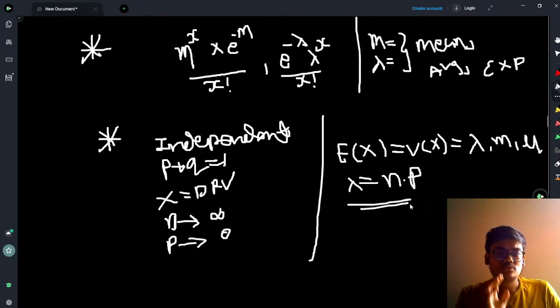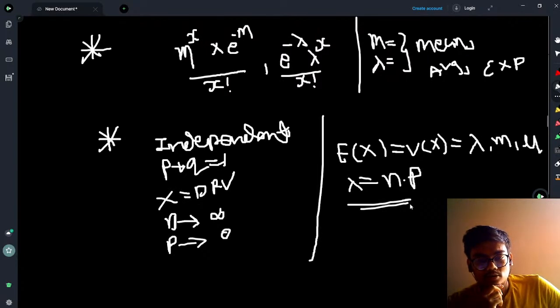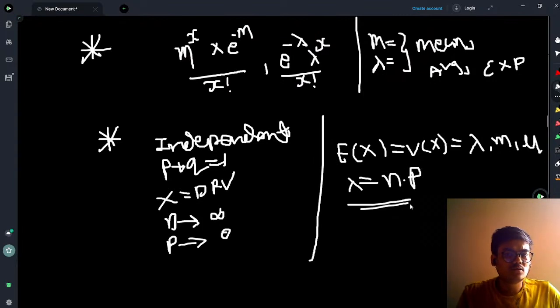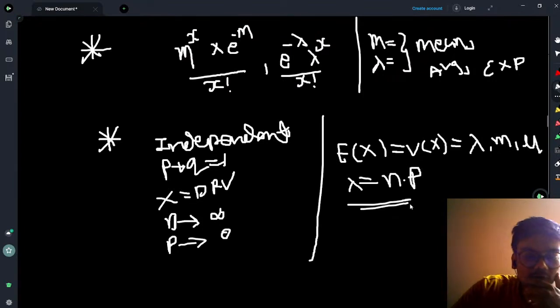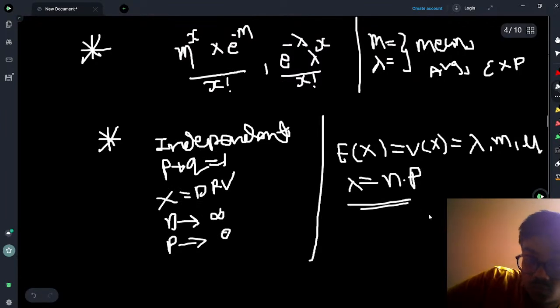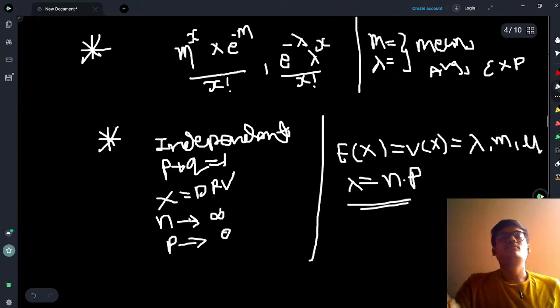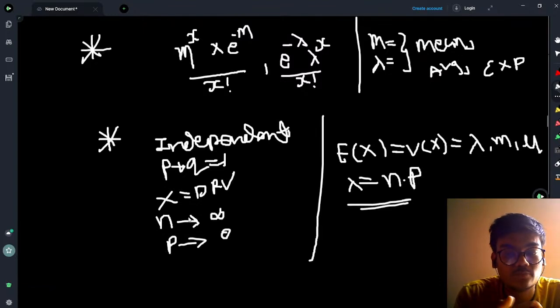If you want to solve a question, this is an easy concept. You can find questions on the internet, or search for any previous year question. What you have to see in the question is whether these conditions are given. If the question itself tells you to use the Poisson distribution, then you can use it.